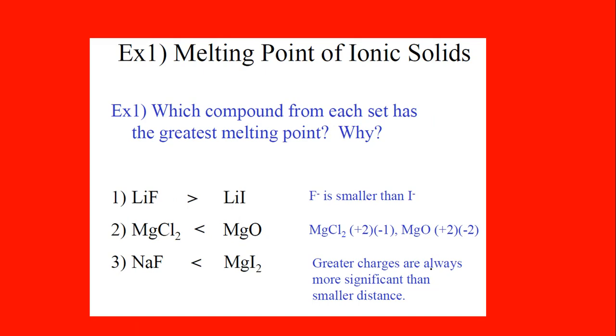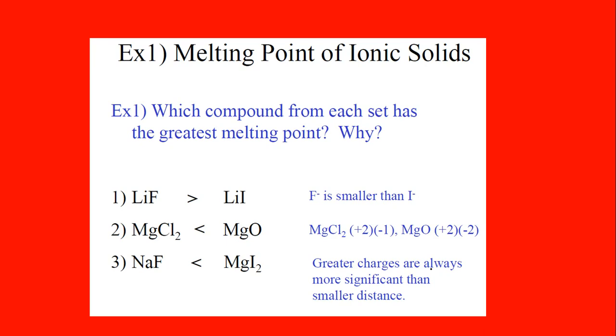Finally, on the last one, sodium fluoride has a lower melting point than magnesium iodide because greater charges are always more significant than smaller distances. When your distances are similar, like they're both halogens, remember the greater charges actually do trump the distance.